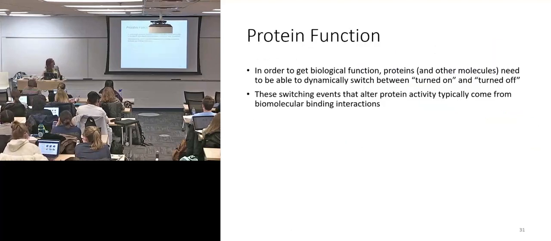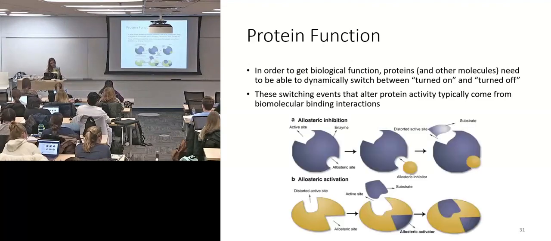In order to get biological function, proteins and other molecules have to be able to switch between on and off states. The switching events that alter protein activity typically come from binding, and often allosteric binding. Generally, when something binds, it either turns it off or turns it on. And that's how a lot of pathways in the body function.